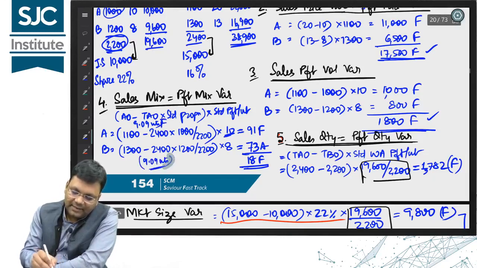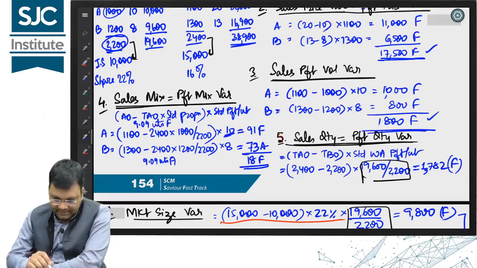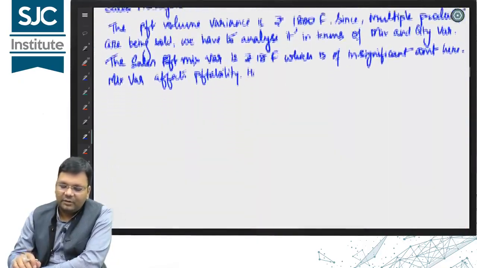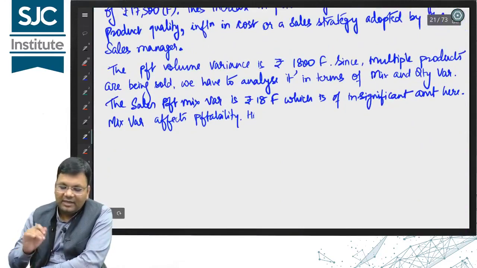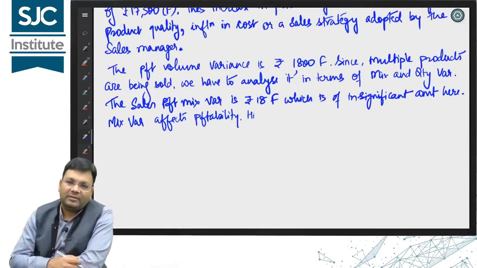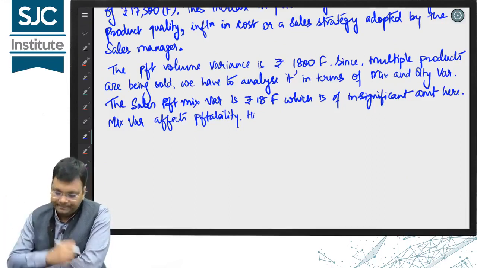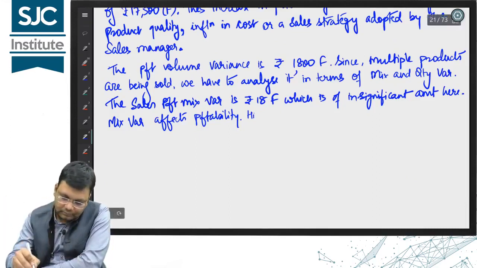So what has happened, that they have made up the profitability, or compensated the profitability by selling more units of more profitable products. Usually what sales manager will do is, they'll try to sell more of easily sellable products. So that's how by changing the mix, they try to show more profit to the company.